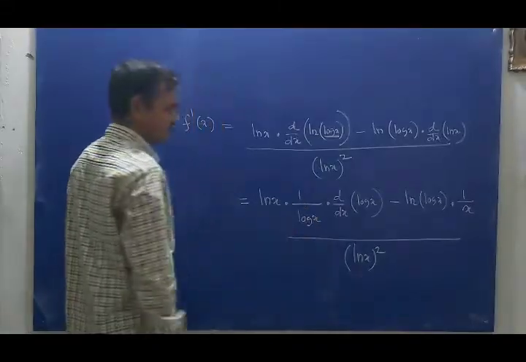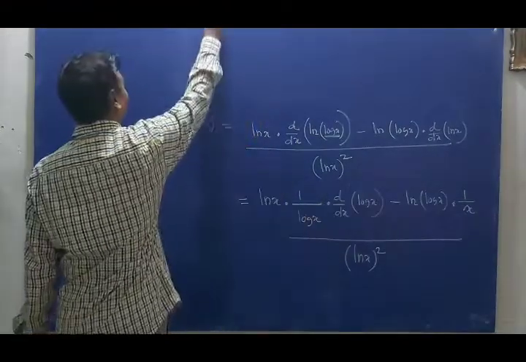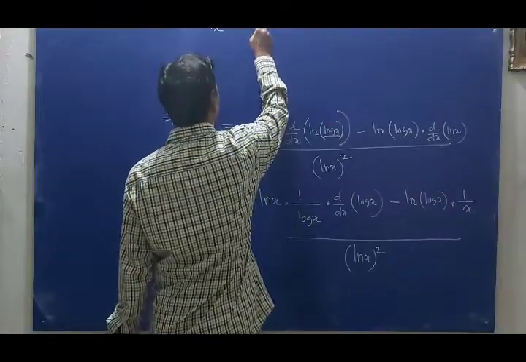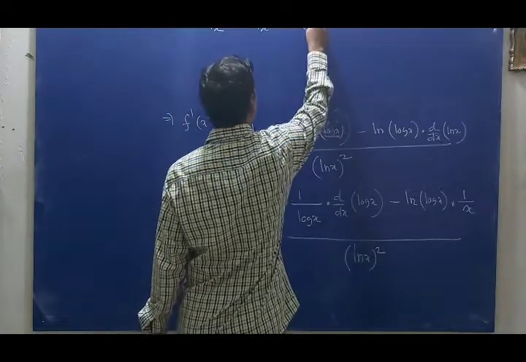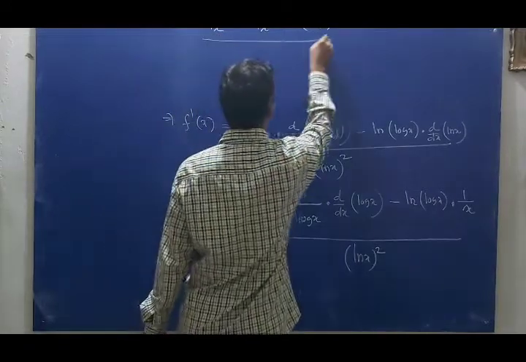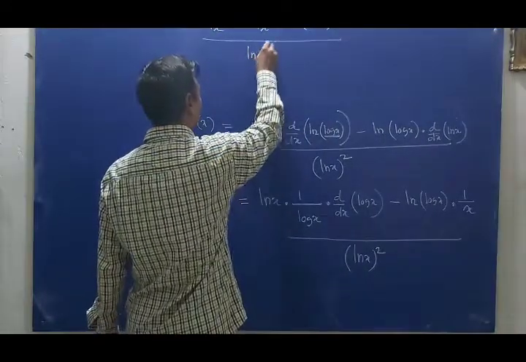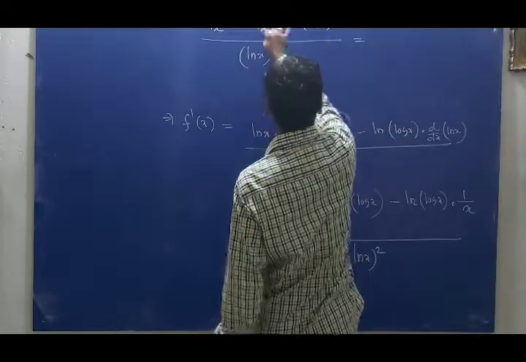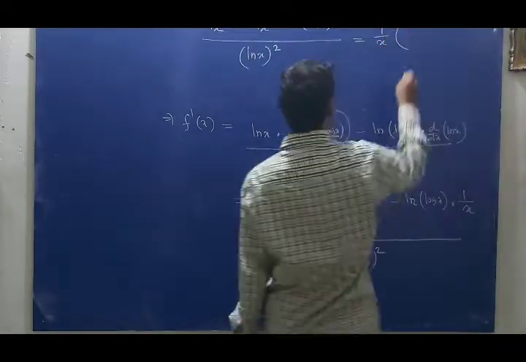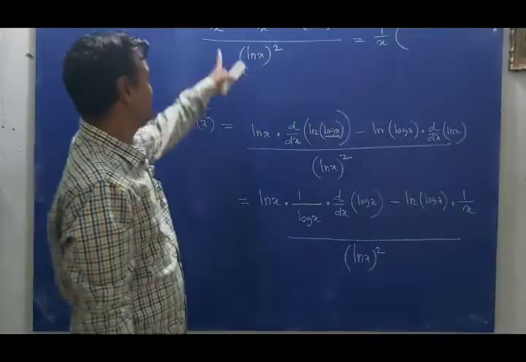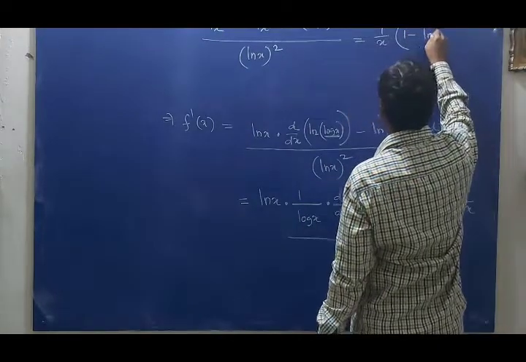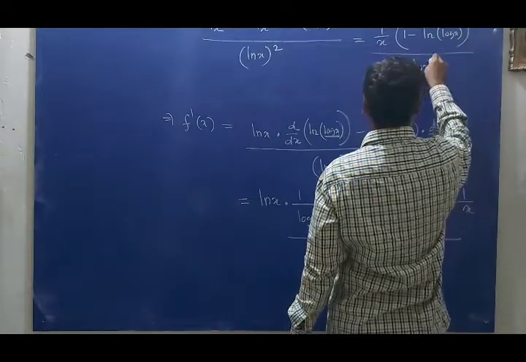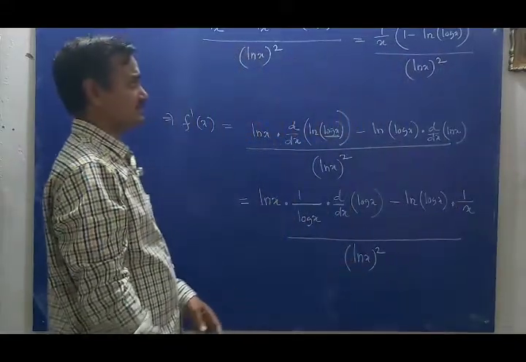So the derivative of log x is 1 by x, minus 1 by x into ln of log x by ln of x whole square. What do you have to take as common? 1 by x as common. So we get 1 by x into 1 minus ln of log x by ln of x whole square.